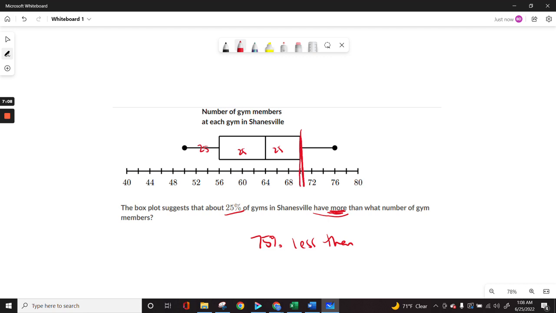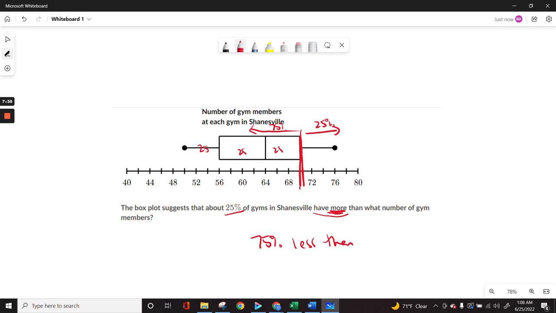So this would be my 75% mark. So from here down, it would be 75%, and then from here up would be the remaining 25. So depending on how you read it, it says 25% have more. So that would be the last 25%, because 75% would have less.